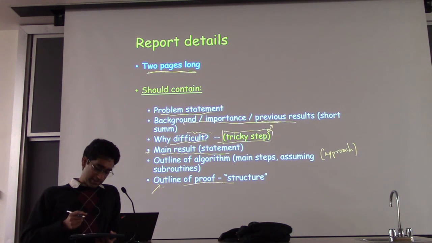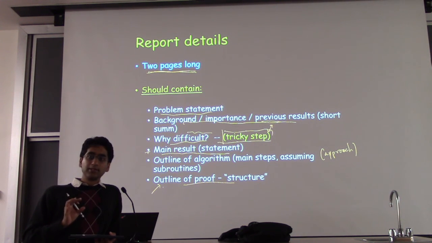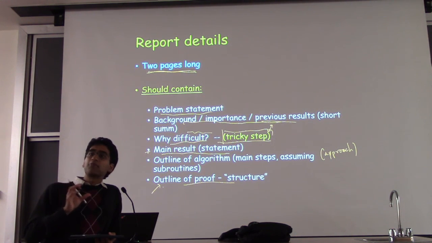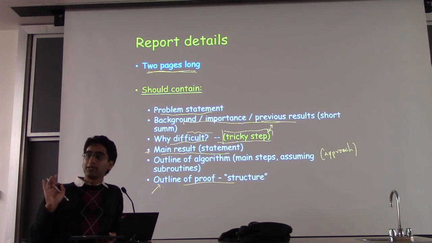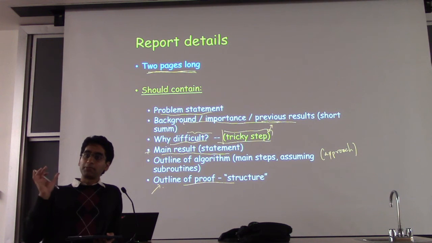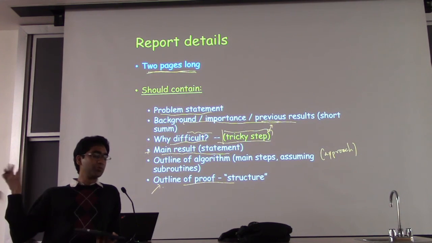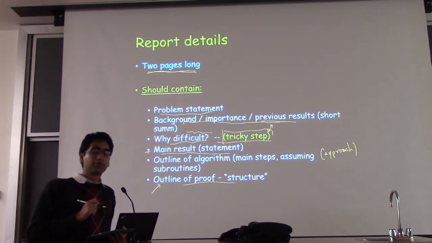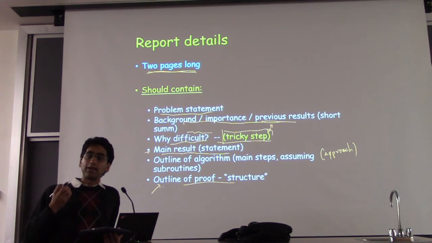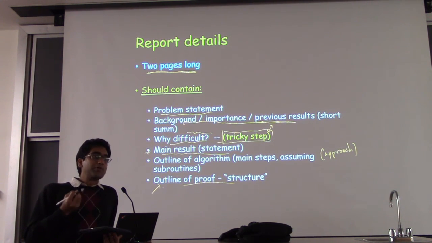Oftentimes, especially in theory papers, the algorithm will be somewhat inspired by the proof itself. That's one thing in which theory papers and more applied papers differ. More applied papers usually just come up with the algorithm, and then they either don't prove anything about it, or they prove something minor about it. But in theory papers, usually the algorithm itself is motivated by the proof.